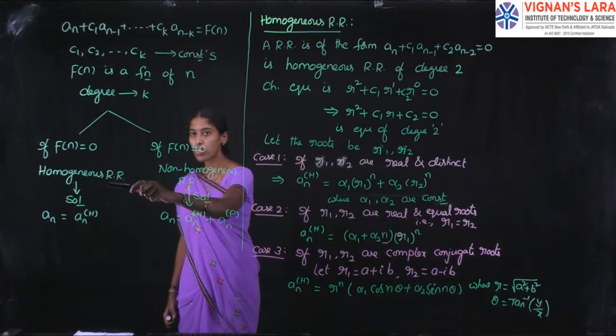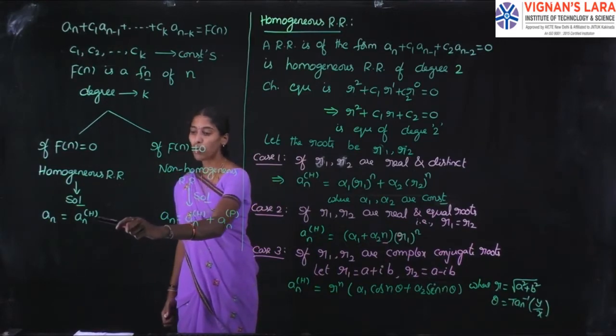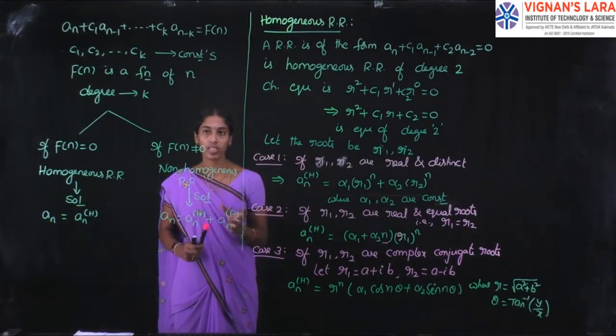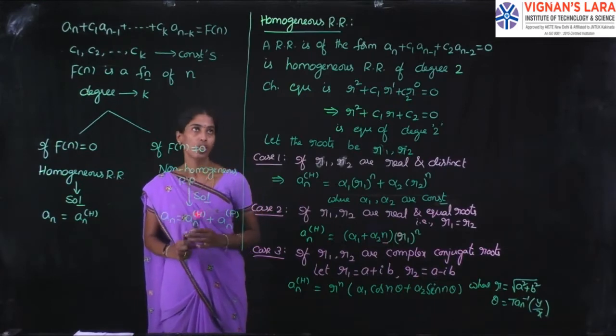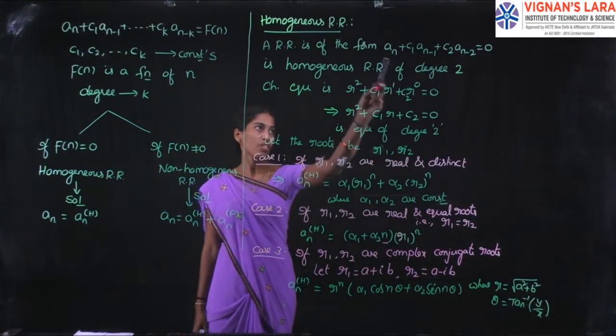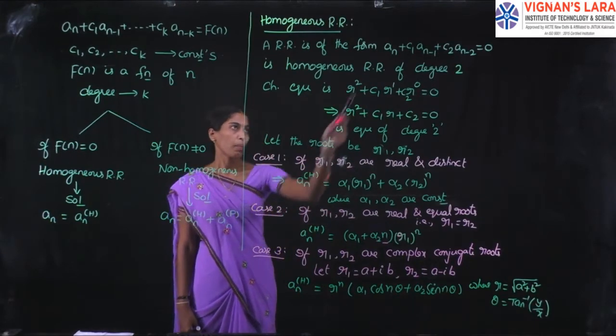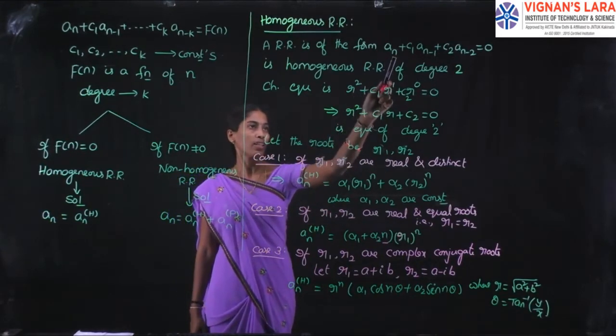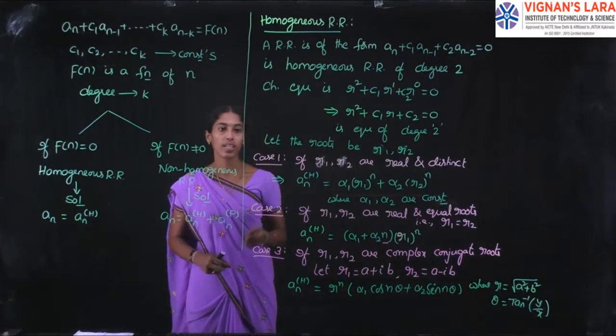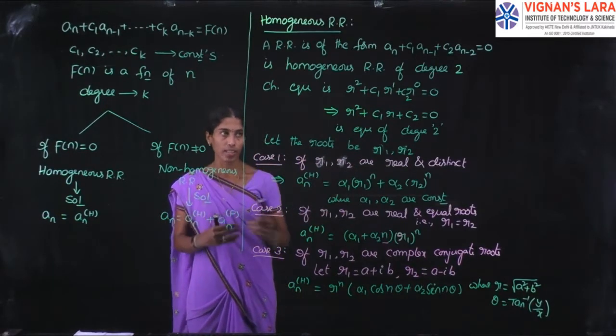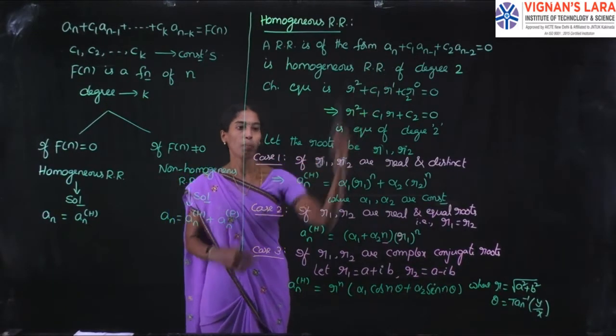If it is a homogeneous recurrence relation, its solution consists only of the homogeneous part, which is a_n(h). So for any given recurrence relation, first we have to identify its degree. Degree is 2. Then in the place of n, write the degree value, which is 2, and put a_n equal to r to the power n. Instead of writing in the suffix, we write in the power, right?